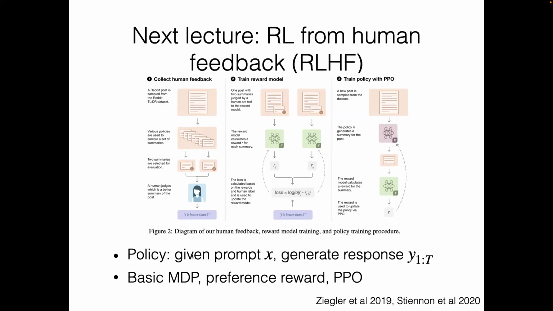Here, we want to train a model so that it optimizes human preferences, so it generates responses that humans prefer. We'll talk about one way of quantifying human preferences and then optimizing it with reinforcement learning.